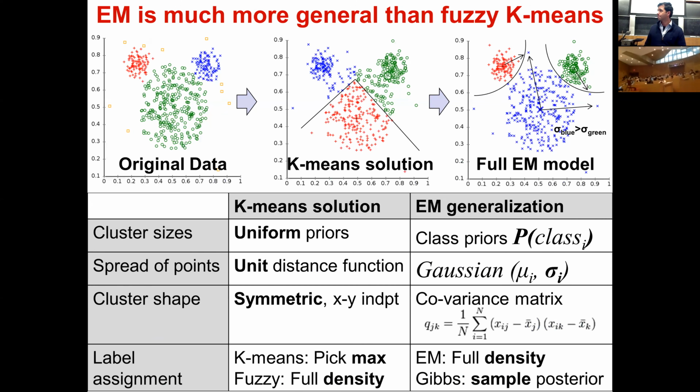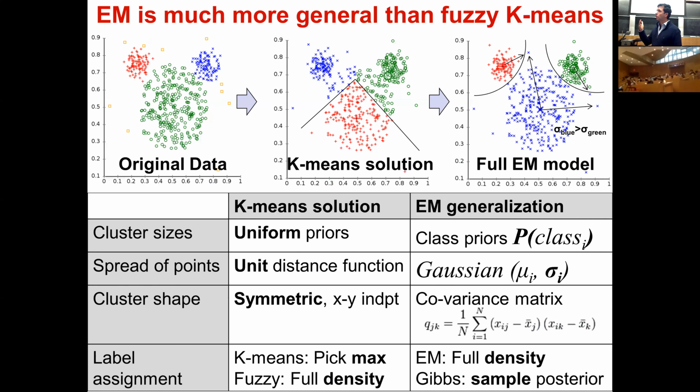Yeah. So when you say that class priors are a non-standard field, are we saying something about the clusters before we start the algorithm? No, what you're saying is that you're allowing the algorithm to adjust.